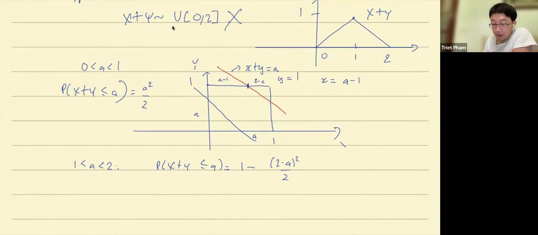And so what's our density? The density also comes in two parts. If a is between 0 and 1, then the density, differentiating this with respect to a, is a.